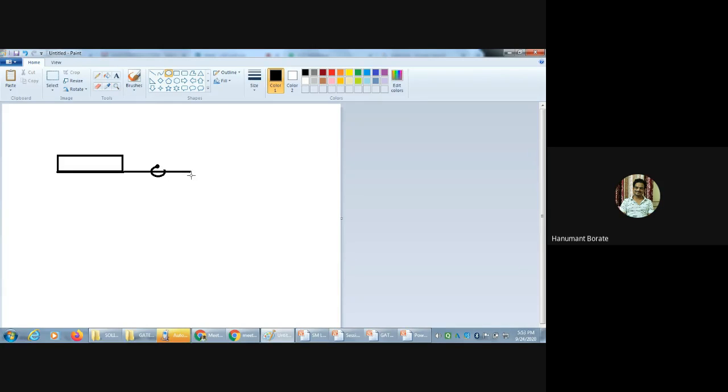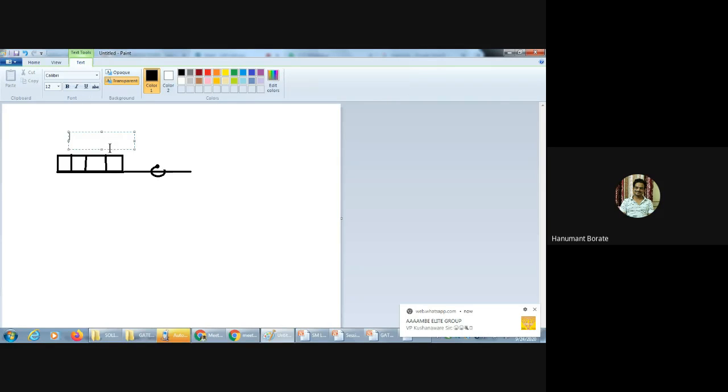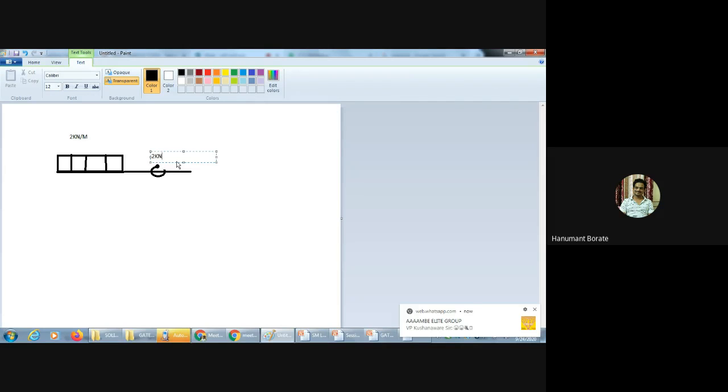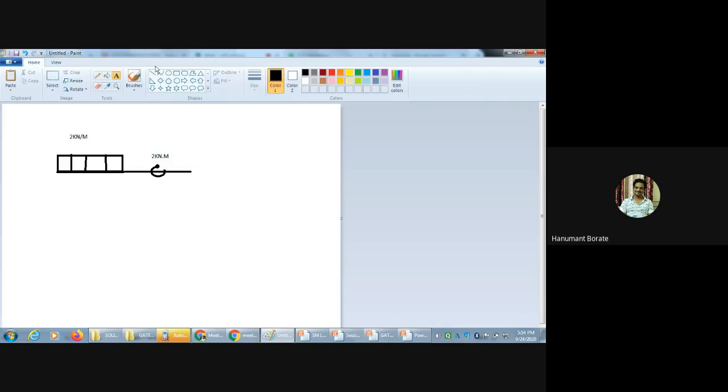So here the moment is anti-clockwise, and this is the UDL load. The intensity of UDL is 2 kilonewton per meter, and the concentrated moment is 2 kilonewton meter.